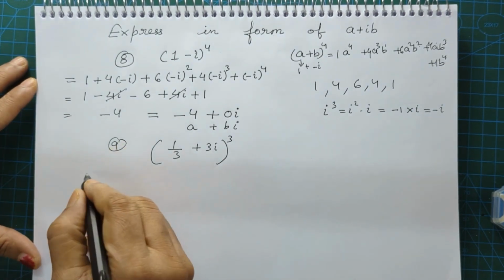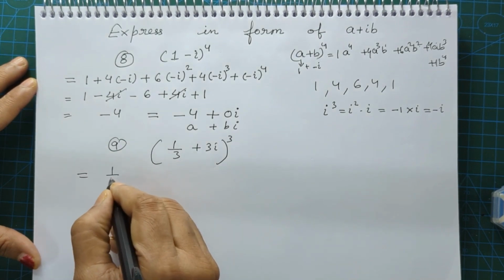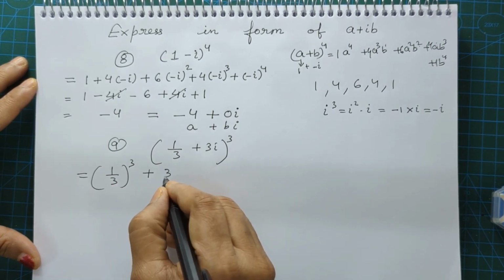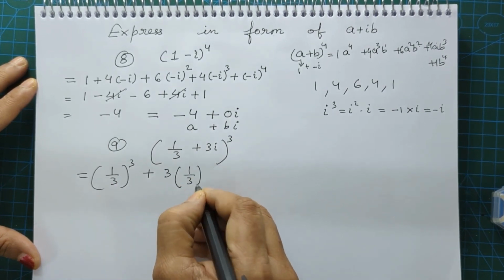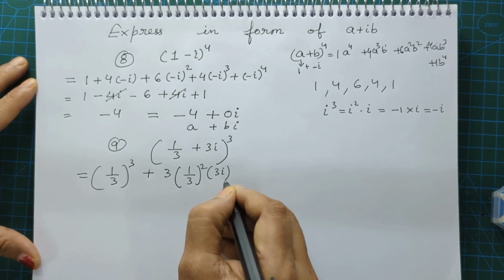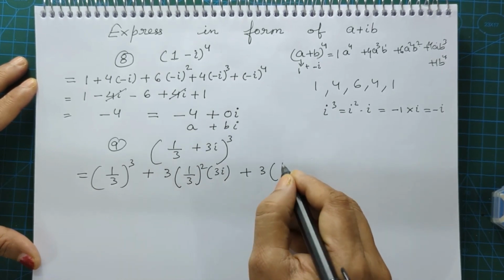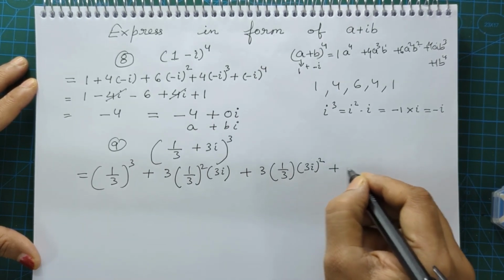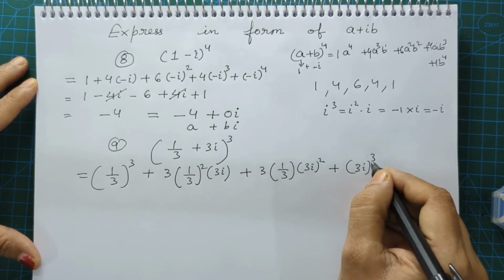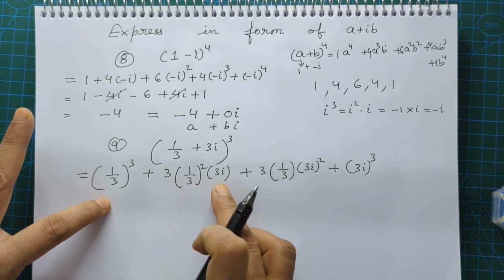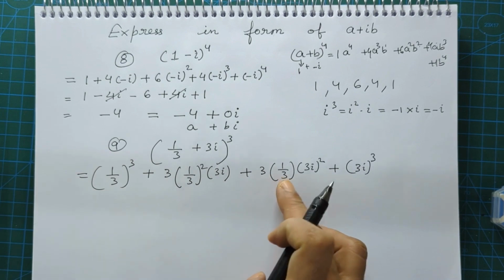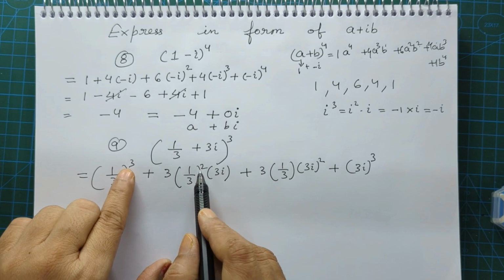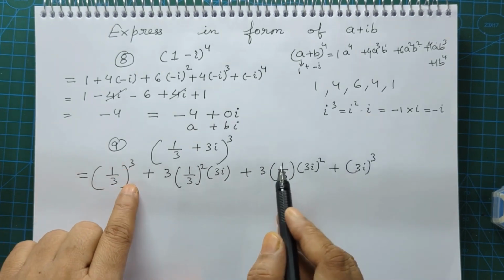So this is a cube plus 3 a square b plus 3 a b square plus b cube. It is also the same: a has power reduction and b has power gain.